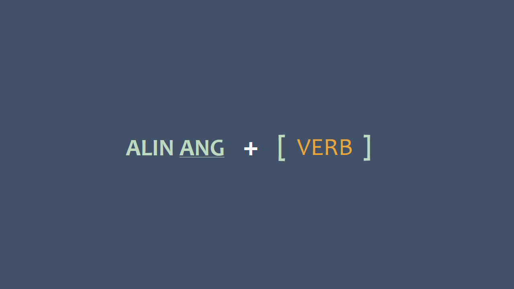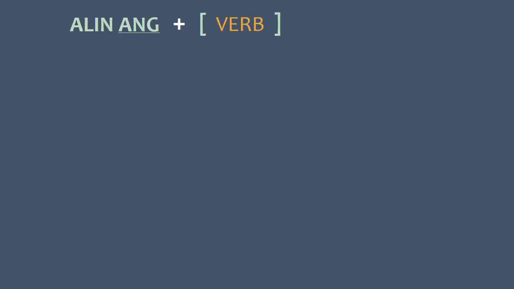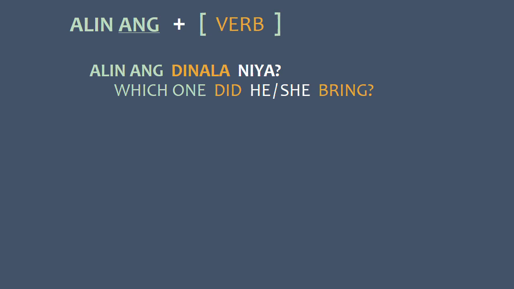Now, if there's going to be an action or verb, this is how we form the questions. Alin ang dinala niya? Which one did he or she bring? So this time, we still start our sentence with alin ang, and then the verb, dinala, followed by the doer of the action, because that is usually the sequence in Tagalog, correct?